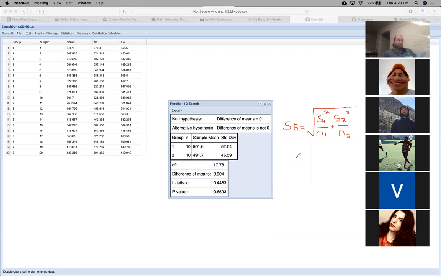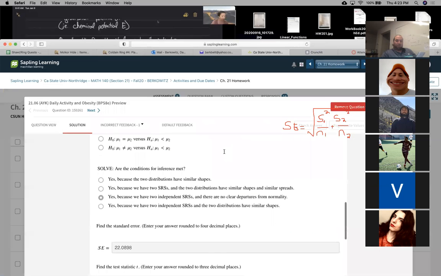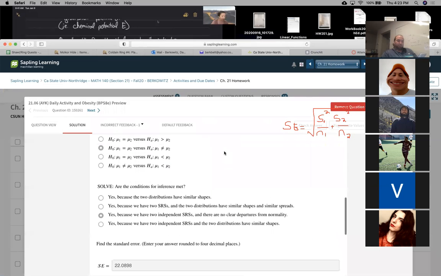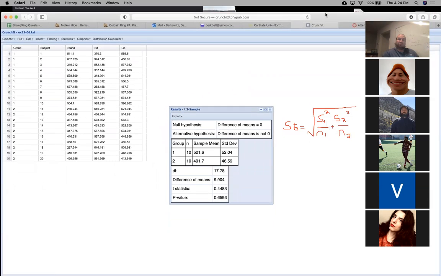And I get 22.0879. It looks like what they got is 22.0880, so it's fairly close, probably because those numbers of 52.04 and 46.59 were rounded, which is why their numbers are a little different than mine.